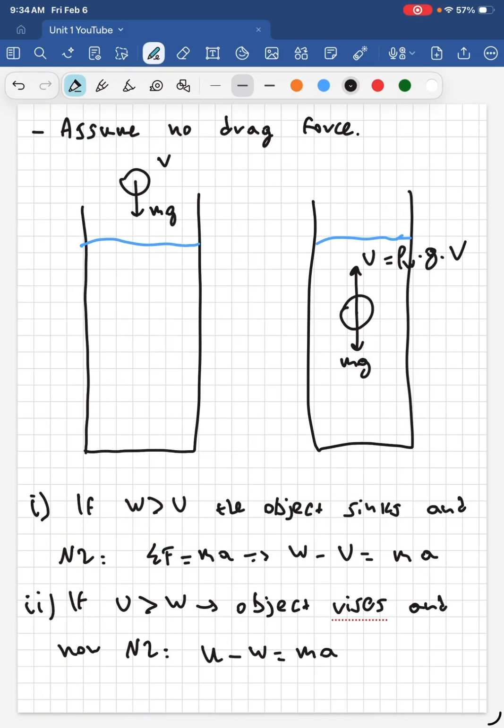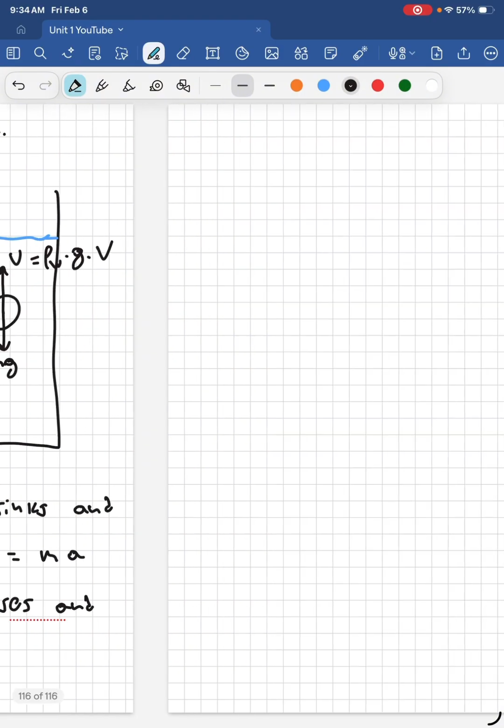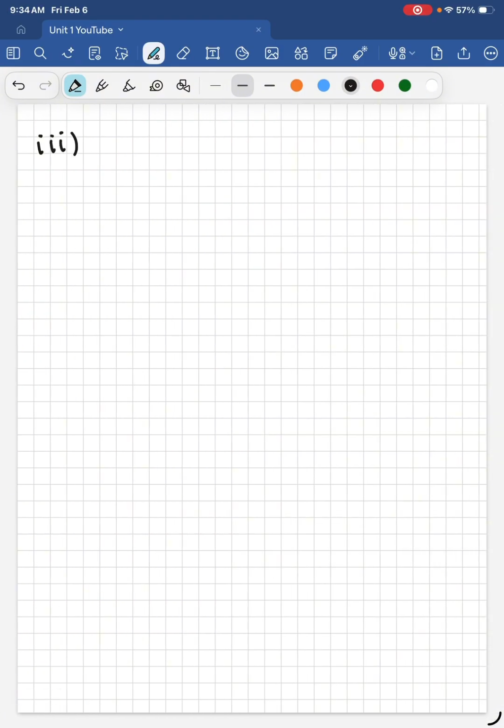And we can use this to calculate the acceleration of this object as it floats upwards. And the third case is if the upthrust is equal to the weight, then the object is floating and the acceleration is 0.